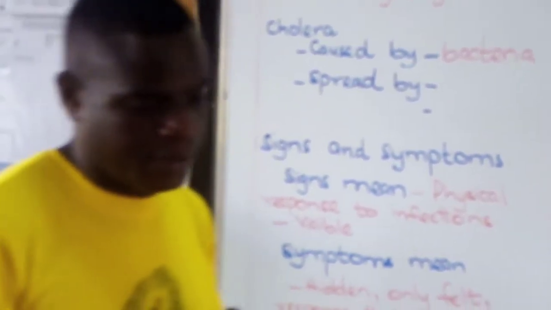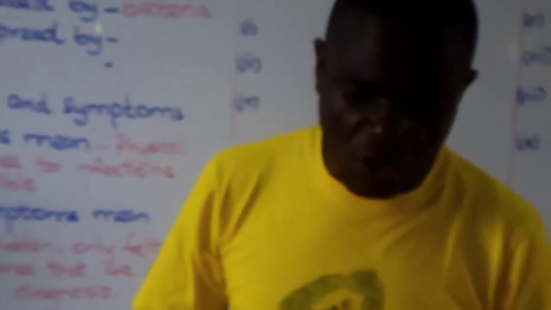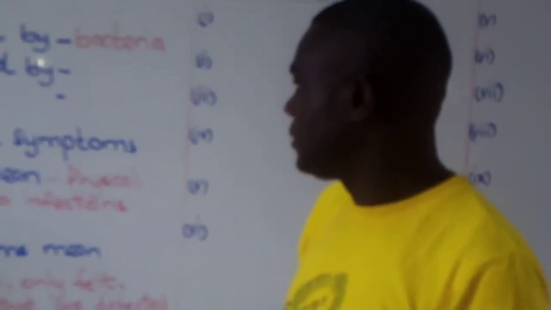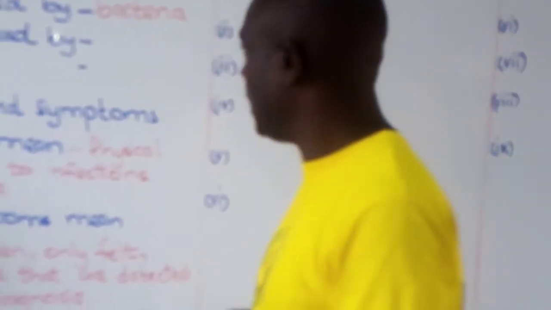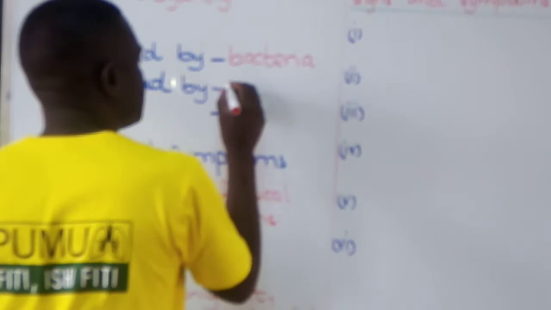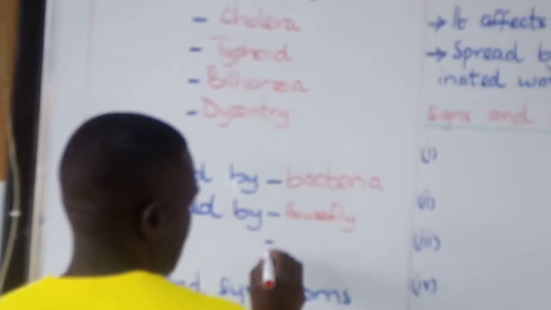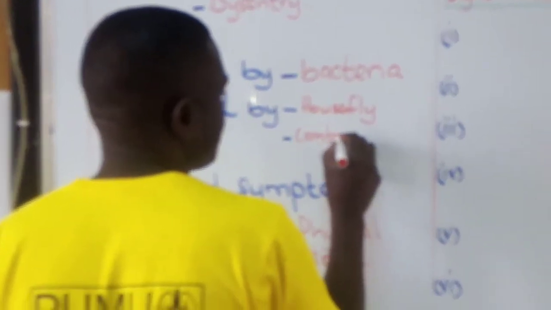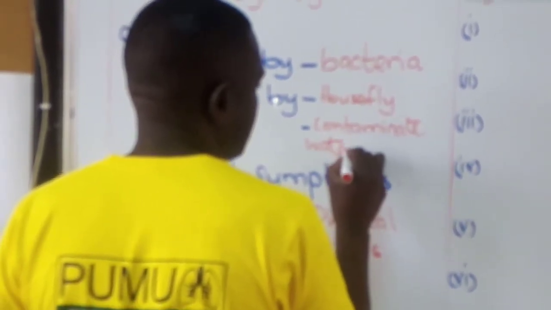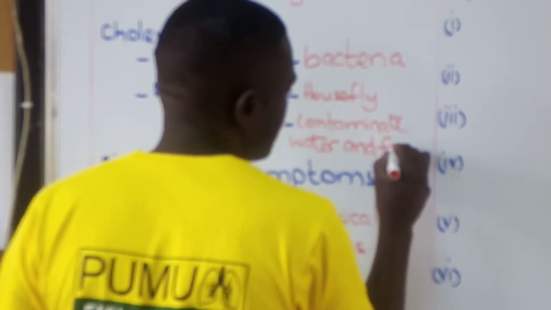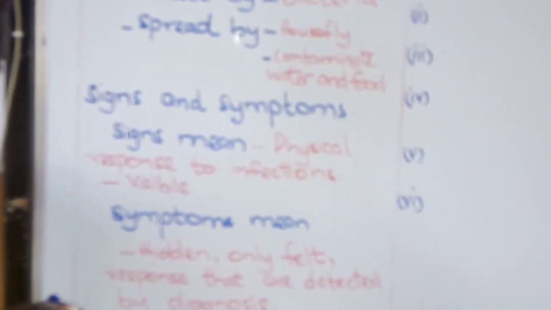Cholera is spread in two ways. It is carried by houseflies, and by eating contaminated food and water. Very good. Clap for yourselves. You're brilliant children.